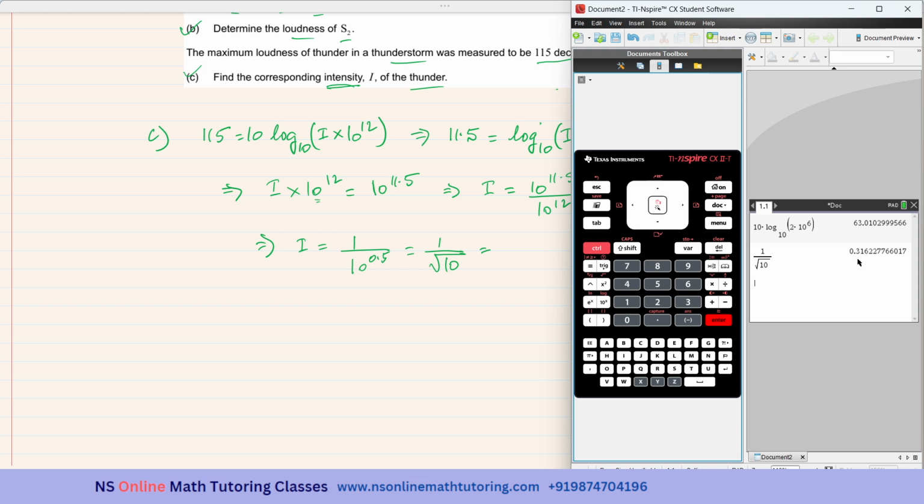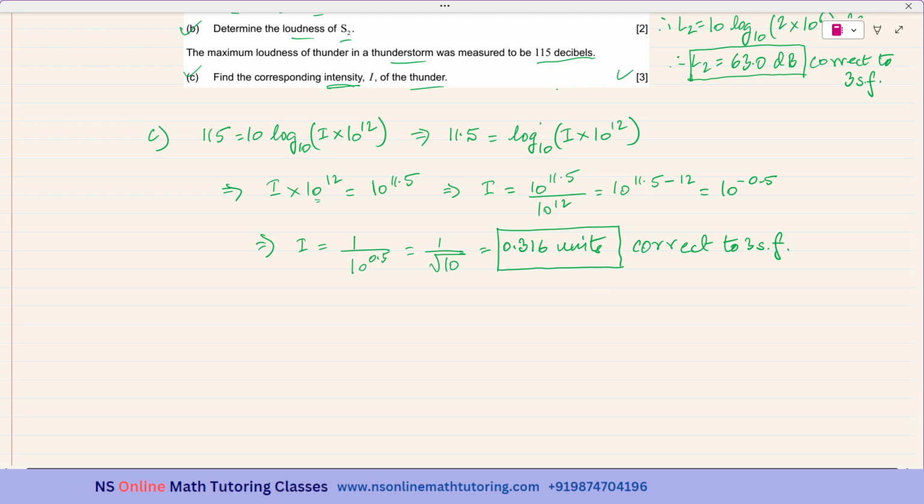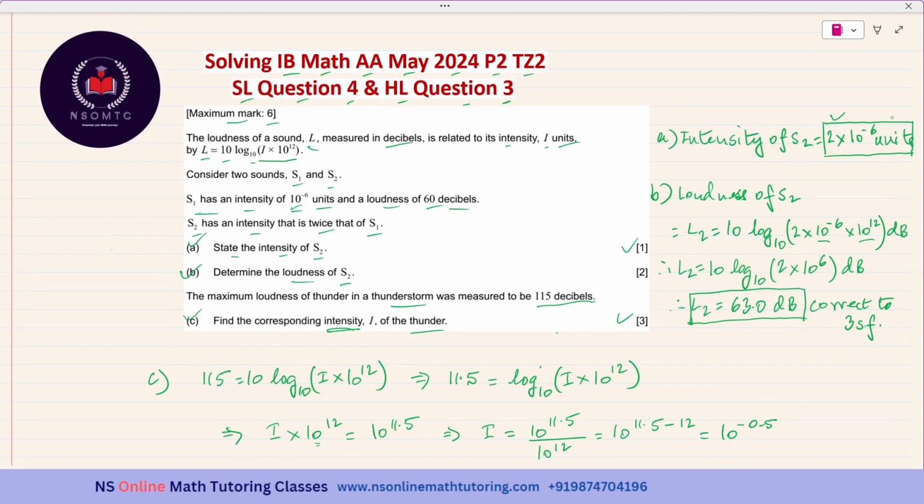I can write the intensity of the thunder as 0.316 units, correct to 3 significant figures. So we have completed answering this question.